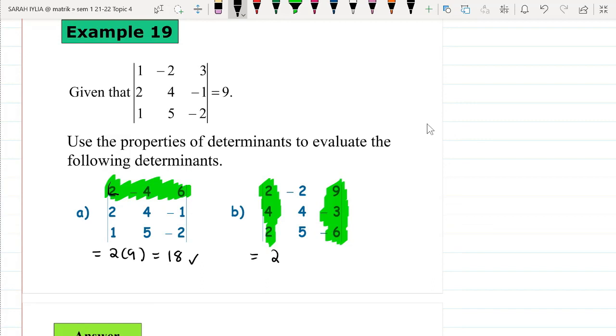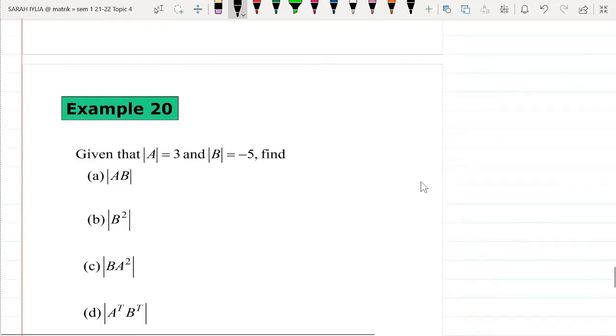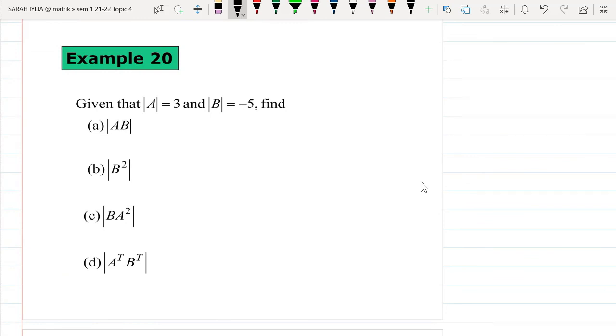So, 2. Every element on third column, dia dah multiply by 3. Dia daripada 3, negative 1, negative 2, dia dah jadi 9, negative 3, negative 6. So, every element dia times by 3. And then times with our determinant. So final answer here 54. Settle.